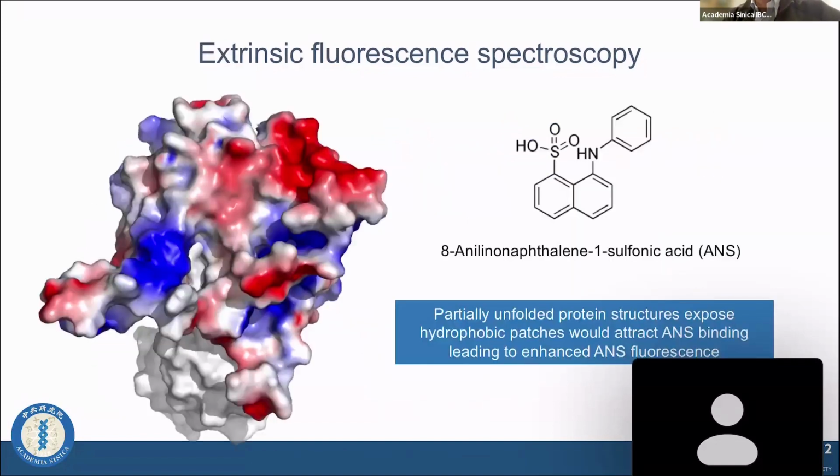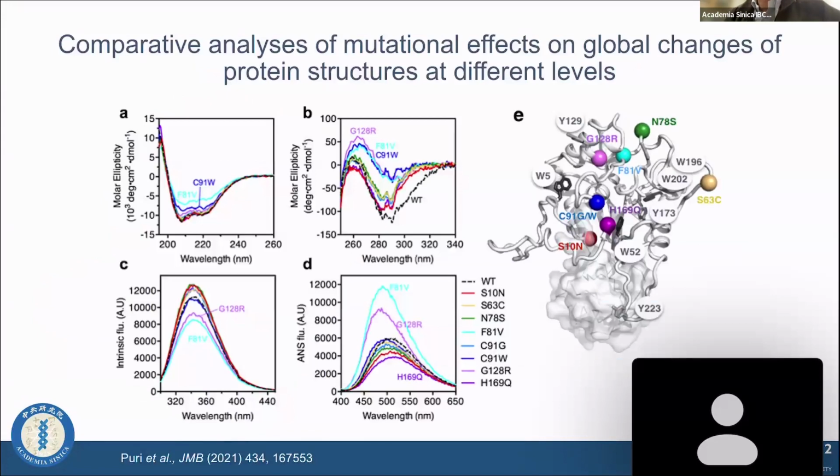Or we can use extrinsic fluorescence probes. Some dyes are very sensitive to hydrophobic exposure. For example, ANS would bind to partially unfolded hydrophobic patches. So if a protein is partially unfolded, then the ANS would bind and show a strong fluorescence signal through this binding event.